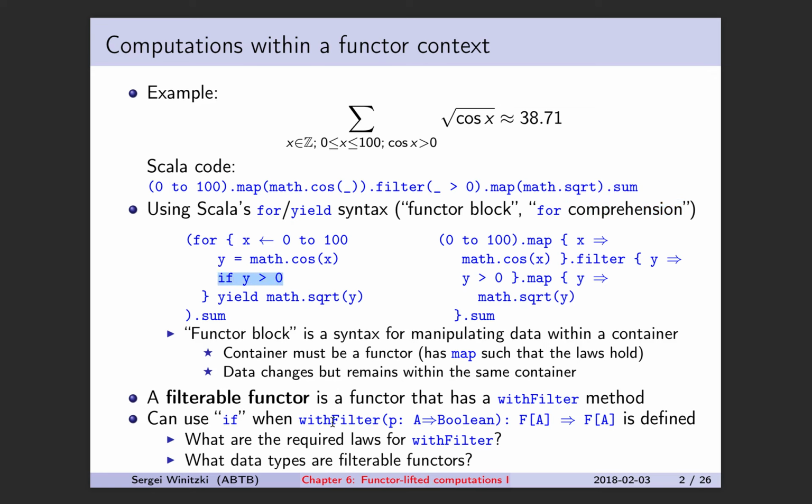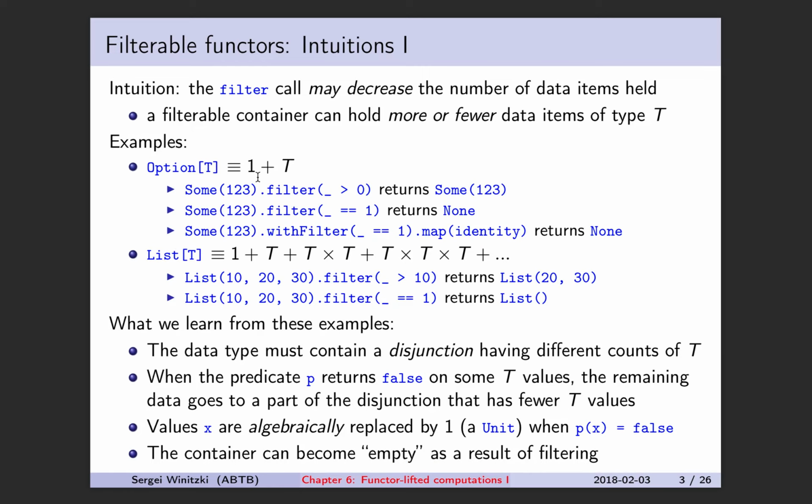And this is the type signature. So the main questions are: what are the laws and properties of this filtering operation, and what are the data types that can have that operation? I first consider examples of option and list.